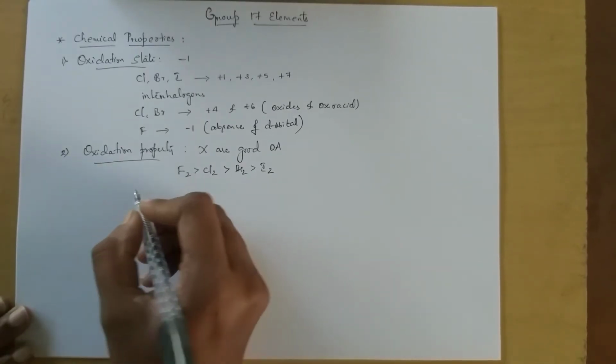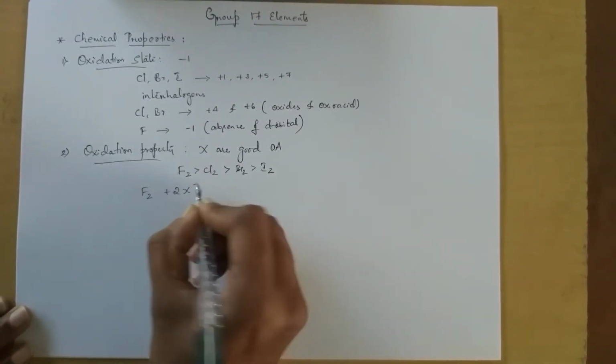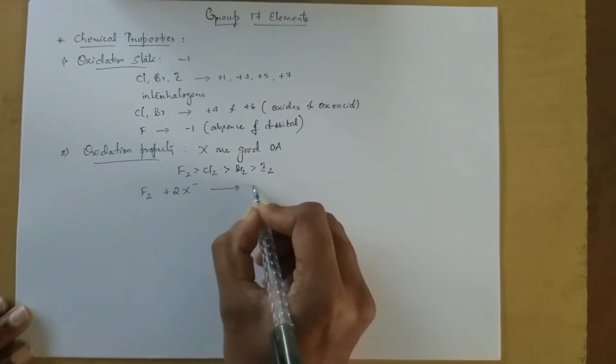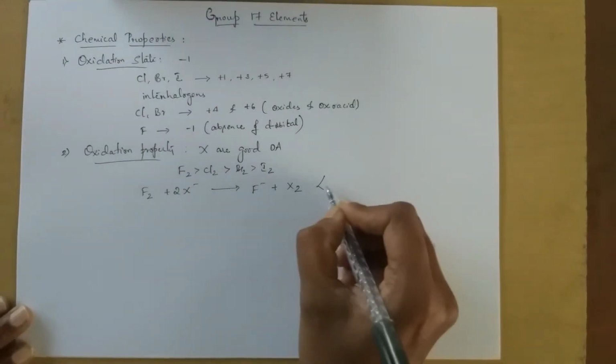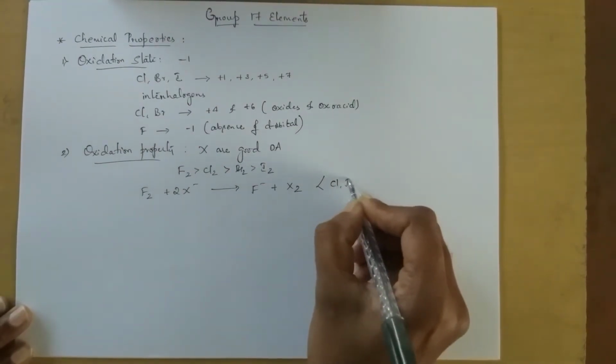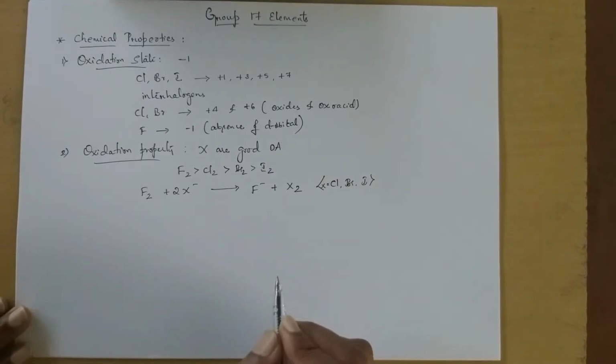For example, fluorine combines with halide to form F- plus X2. Here X refers to chlorine, bromine and iodine.